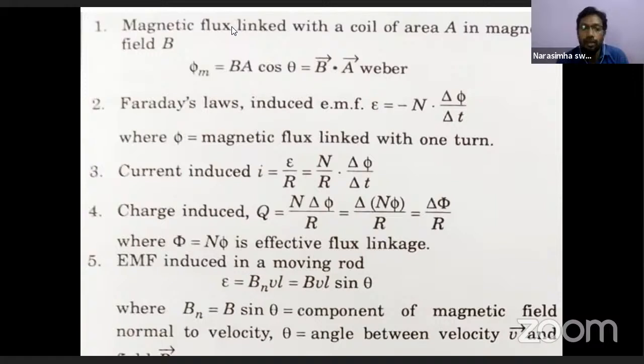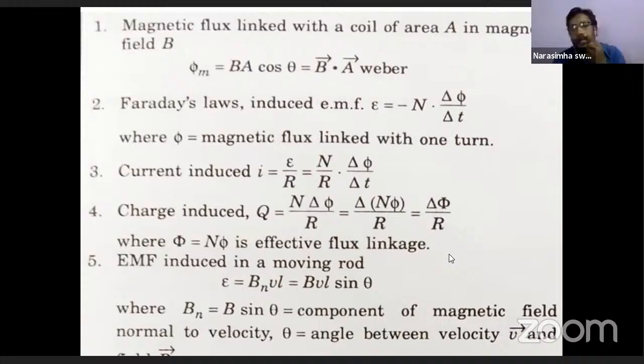Now, the EMF induced in the moving rod, the expression is related to the rod here: B V L sin theta. Sometimes the magnetic field will be given as a horizontal magnetic field.